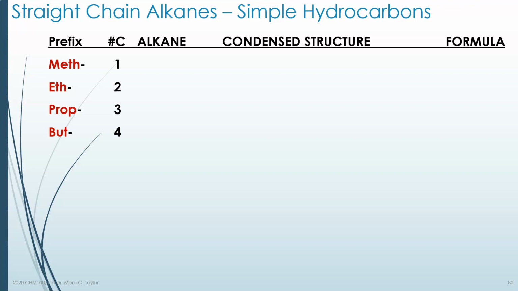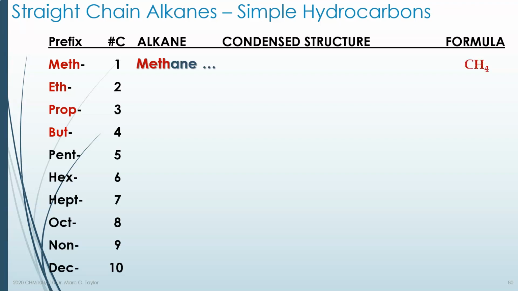If it's made with only one carbon, that would be methane, and we use the prefix meth-, so that's carbon with 4 hydrogens. Remember, carbons form 4 bonds, so each carbon is going to be attached to either 4 atoms in single bonds or some combination of double, triple, and single bonds that add up to a total of 4 bonds.